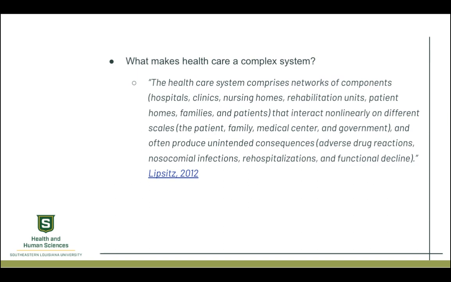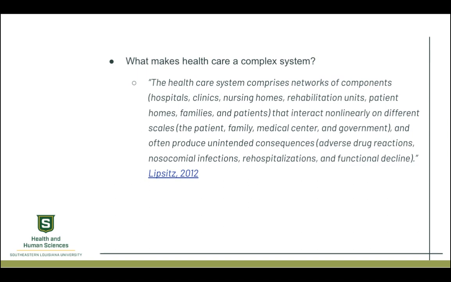Let's say the way patients are relating with rehabilitation units is going to be quite different from the way they're relating with nursing homes or patient homes. And you have also the medical centers maybe relating in a different way with the government from the way they're relating with the families.